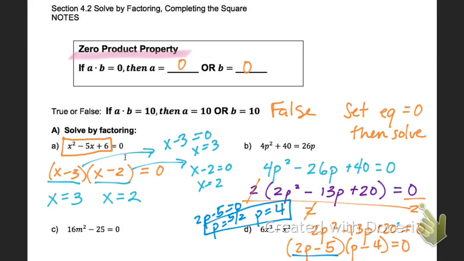So that would be my final. I'm going to encourage you to not do this step. Just look at the parenthesis and imagine setting it equal to 0. Move the 5 over, divide by 2. So positive 5 over 2. Don't waste your time doing that last step.